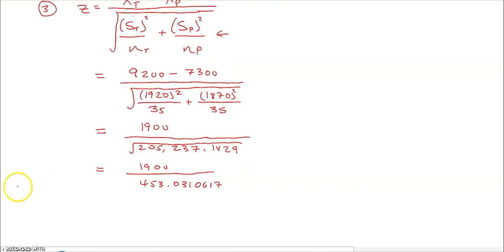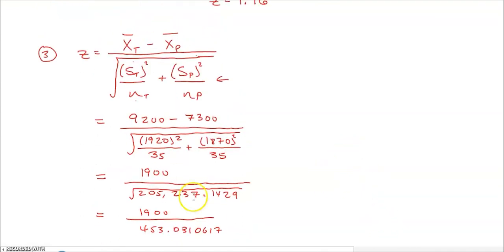And then that gives us a value of 4.19397291, and then finally, rounded to 2 decimal places, 4.19. So let's go plot that, 4.19.